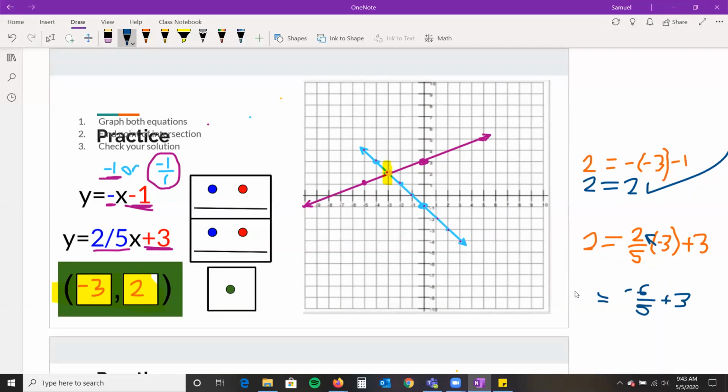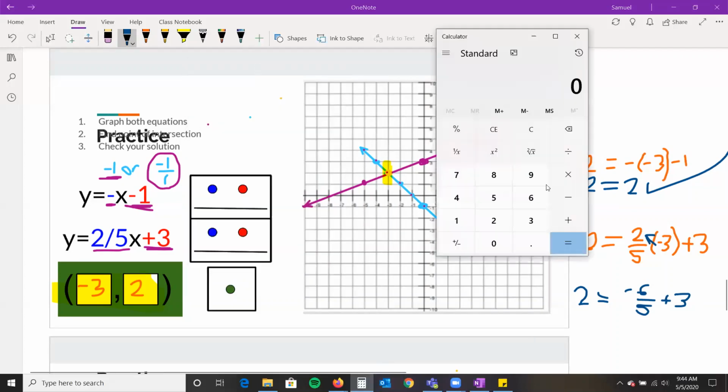And I could use a calculator here. This is basically 1 1/5, right? So let's check here: -6 divided by 5, equals, and then +3.